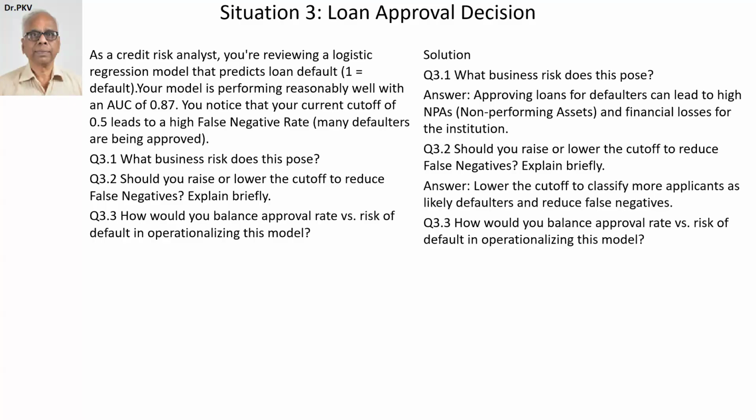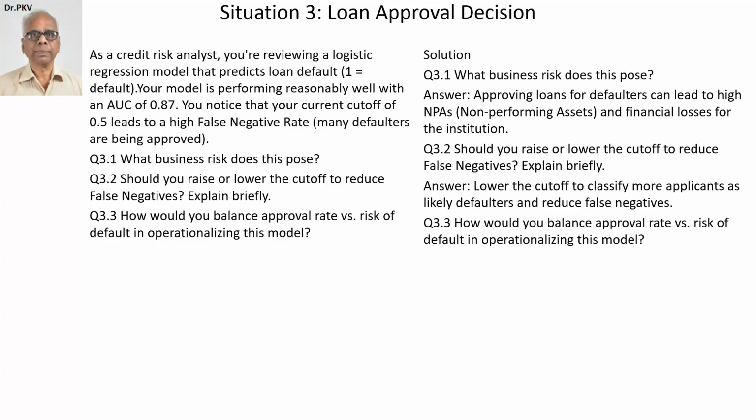Lower the cutoff to classify more applicants as likely defaulters and reduce false negatives. Because, for example, if a bank is giving a loan, the cutoff point 0.5 could be very dangerous. Perhaps you may have to think of a cutoff point of 0.1, even less, or 0.15, whatever you feel appropriate.